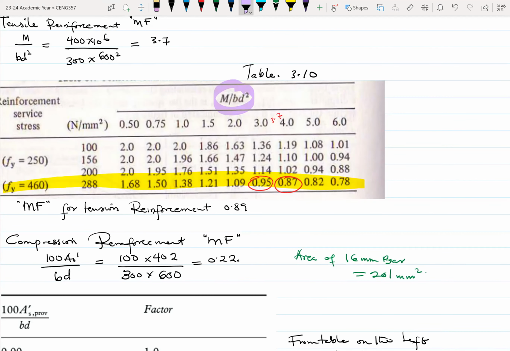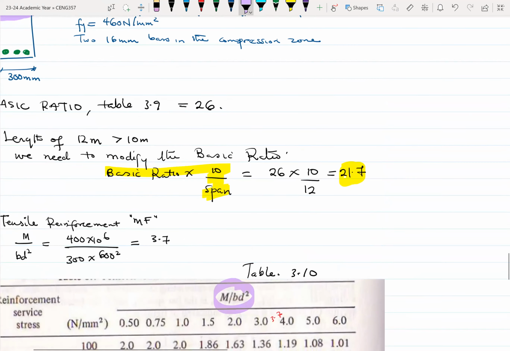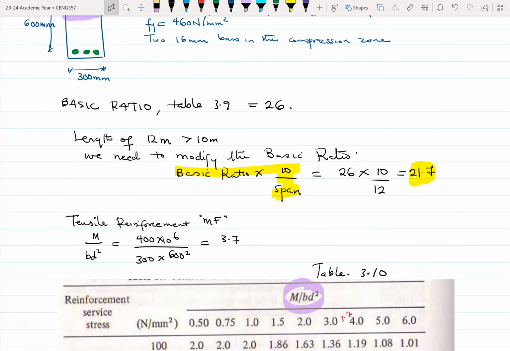Your M is 400 kilonewton meter, your b is given as 300, and the d is 600.